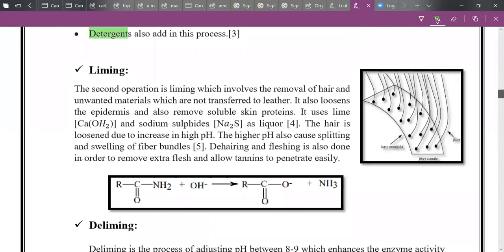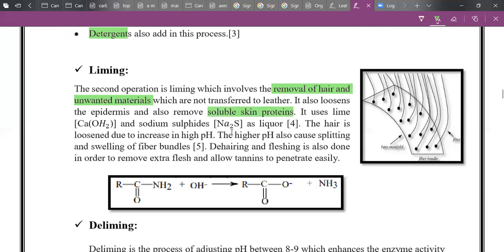Liming process. In the liming process, we remove hairs. It is the second operation. Liming involves the removal of hairs and unwanted materials that are not transferred to the leather. It also loosens the epidermis and removes soluble skin protein.